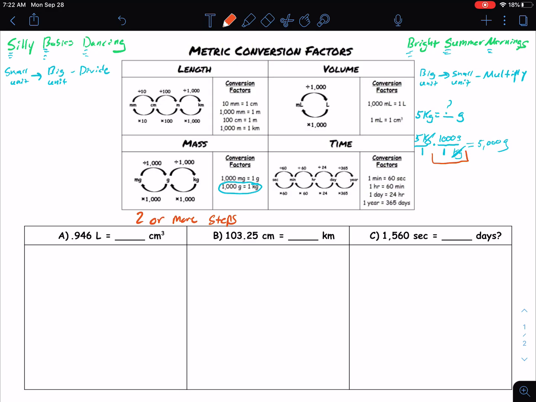And always work with either constantly increasing units that match up or constantly decreasing units. And you'll see what I mean by that. So let's look at letter A here. Before I begin, I want you to try to see if you could solve this before we get going. Take a second and do so.